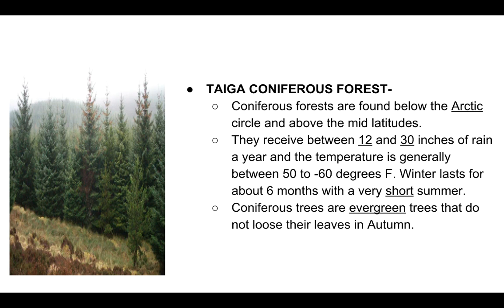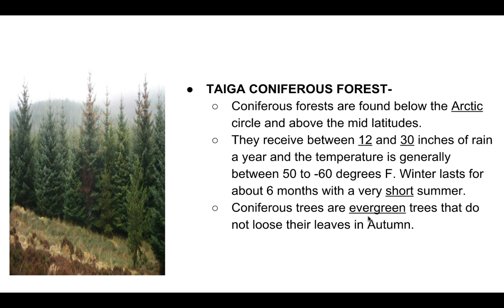And I kind of shy away from that because, although it does have very little rainfall, I'm going to shy away from calling it a desert because a desert has different characteristics than a coniferous forest. But it does have very little rainfall, a short summer, and long winters.